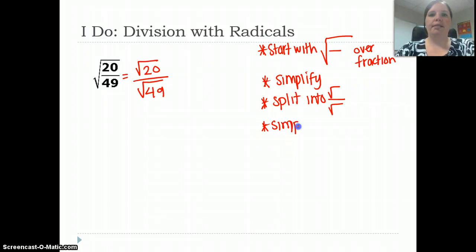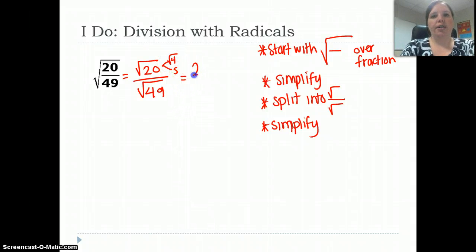So you want to try simplifying the larger fraction first, and then try simplifying differently there. So if we have square root of 20, that's 4 and 5. So square root of 4 gives me in the numerator 2 root 5. In the denominator, I have square root of 49, which is a perfect square, so that would give me 7.